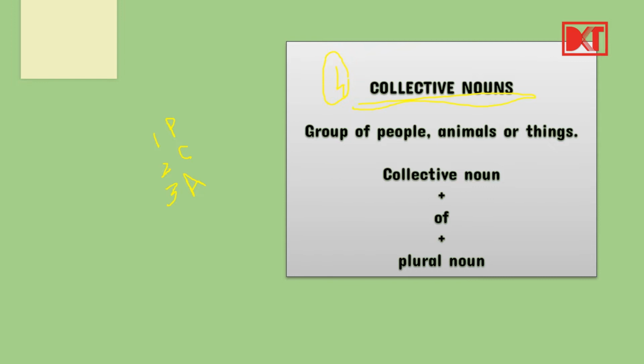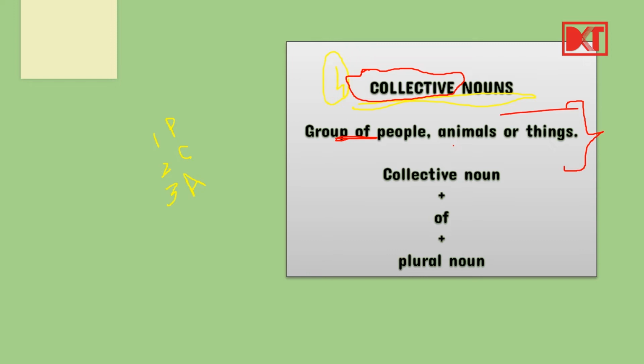Collective, as its name suggests, can be a synonym of collection. Collection means group. So the group of people, animals or things, that is a collective noun.